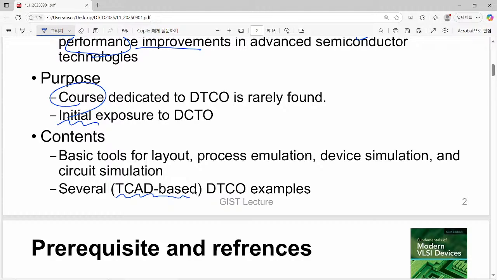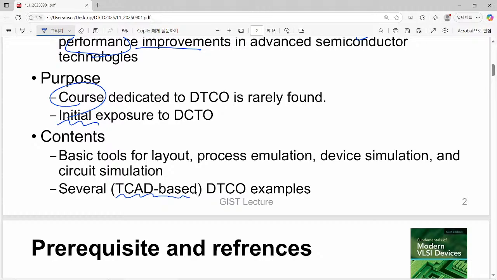When you read papers named DTCO, there are so many different flavors. If you are working with an EDA company, then your DTCO is not the one we are talking about right now. However, I am more related to the foundry and TCAD part, so I will just concentrate on TCAD-based DTCO.